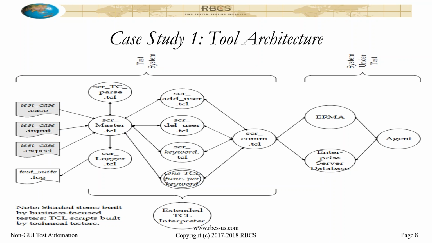Then that sort of meta command would get sent out to the appropriate keyword function, which would further package it up according to what the keyword was supposed to be doing, and then send that to the scr_com function, which would communicate with the interface of the system under test.